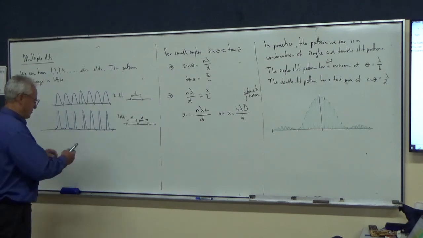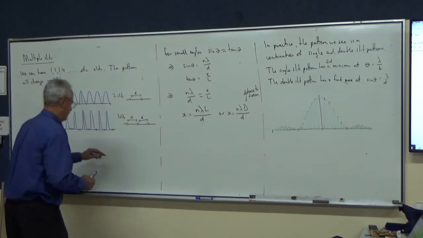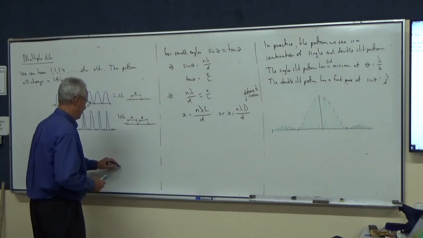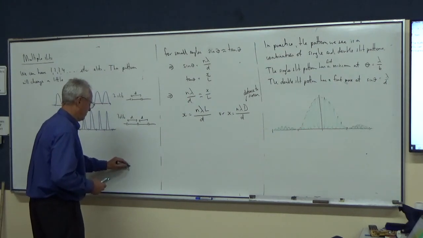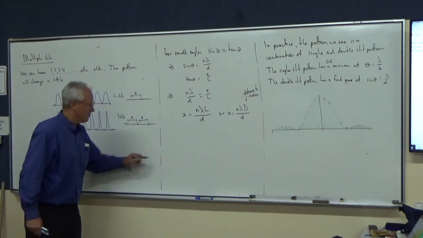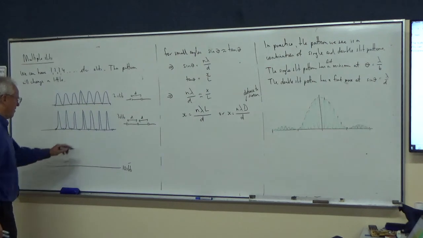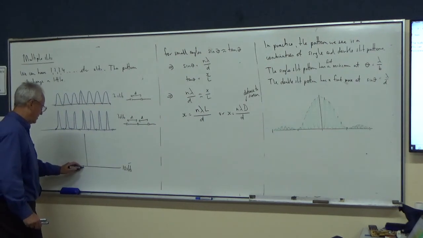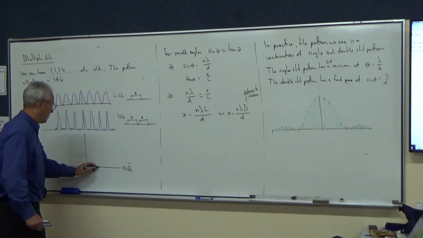Let's go on to 10 slits. Clearly, I can't draw all the 10 slits across there because they're still the same height. Our maxima and minima are still in the same positions.